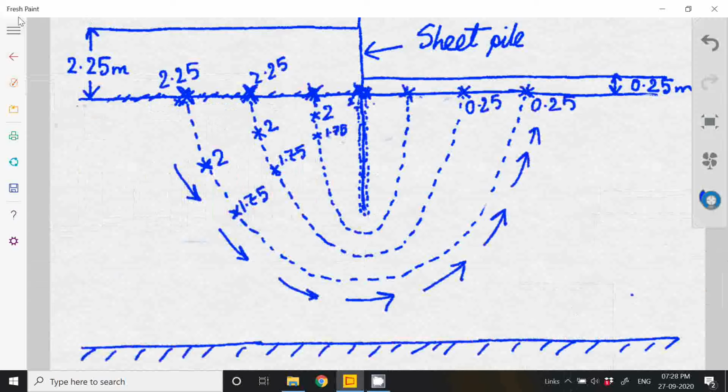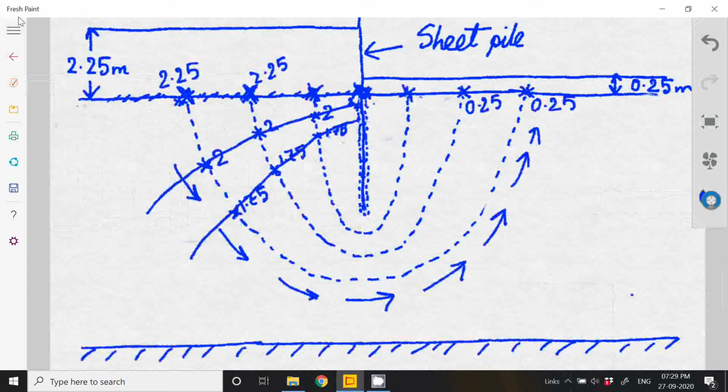Okay, now when you join these points, these will be points of what? Equal head. When you join these points, at each point the head will be equal. Are you getting my point? At each point the head will be equal.